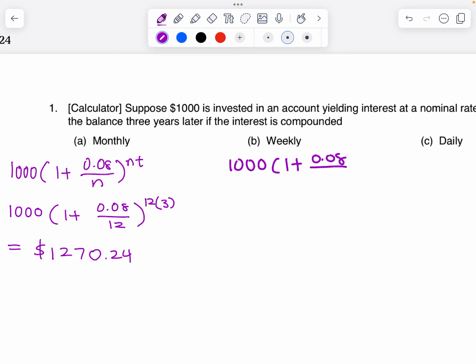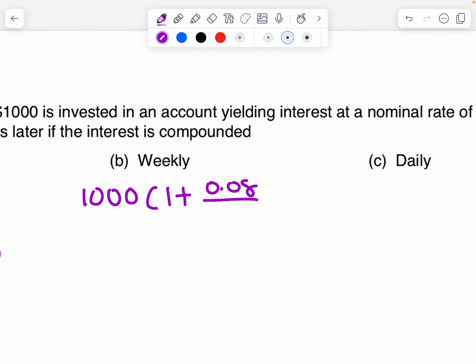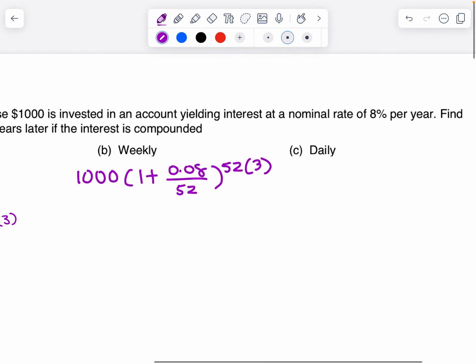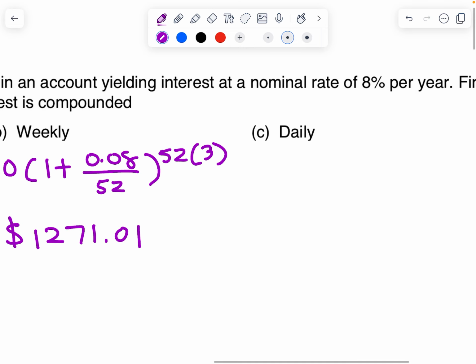Everything remains the same, but n does not because it asks for weekly. So how many weeks are in a year? 52. So then it would be 52 times t, which is 3, right? We want to solve for 3 years, the value after 3 years. And so we get something like 1,271.01. Now let's try daily.